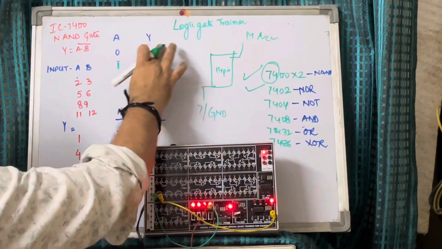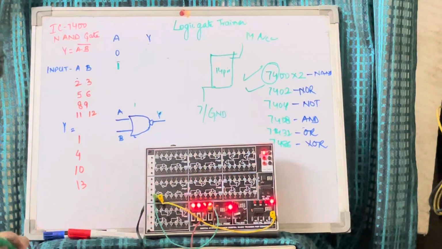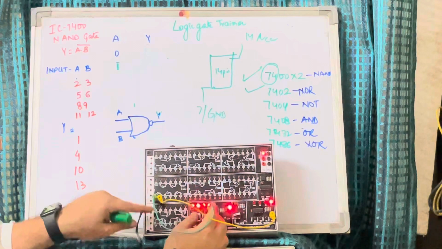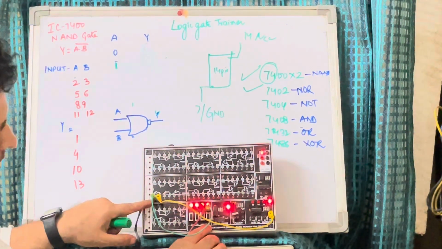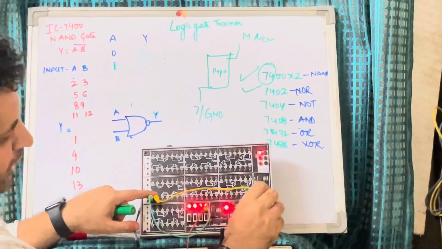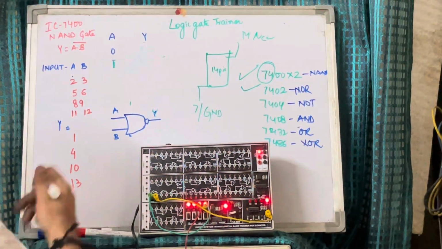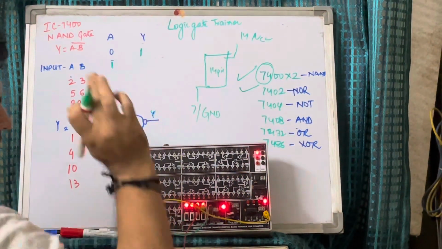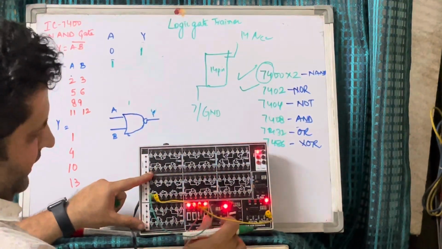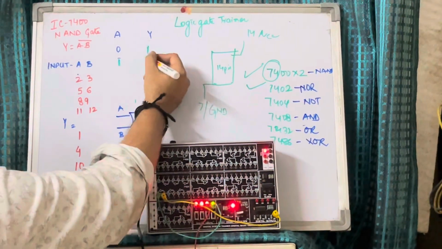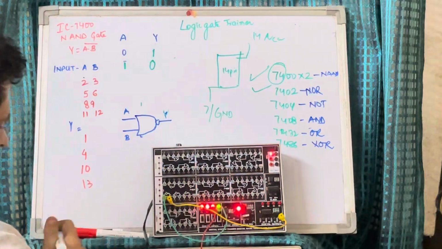So let us see what we get. Green one is the input we have connected from I0 to pin number 1. From pin number 2 we have connected the output. We give 0 and we are getting output as 1. And in the other state we have connected the input to high and we are getting the output 0.